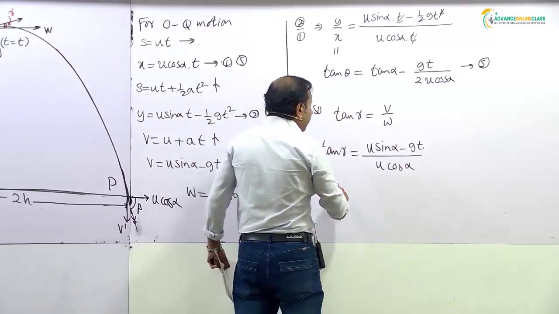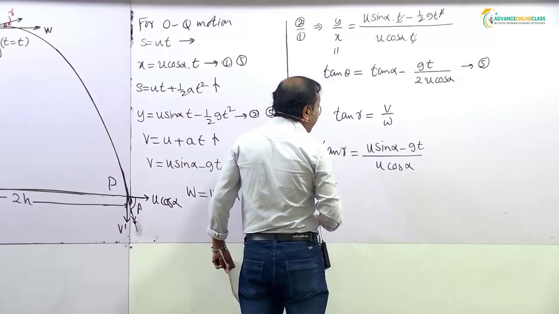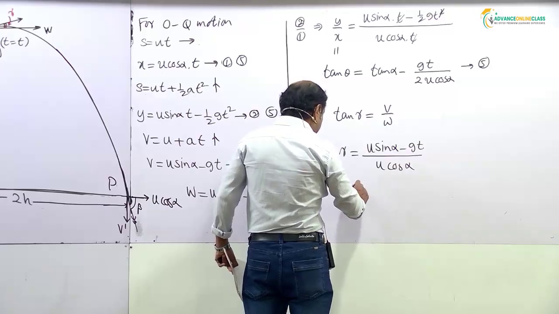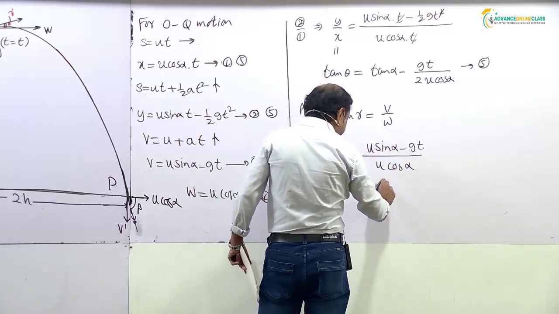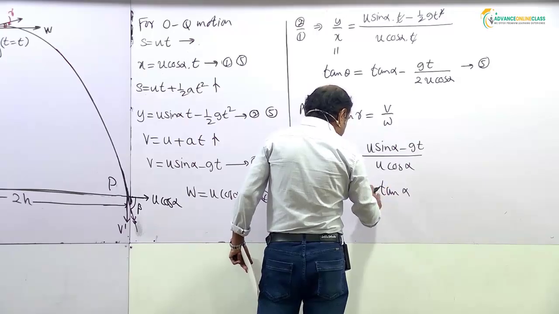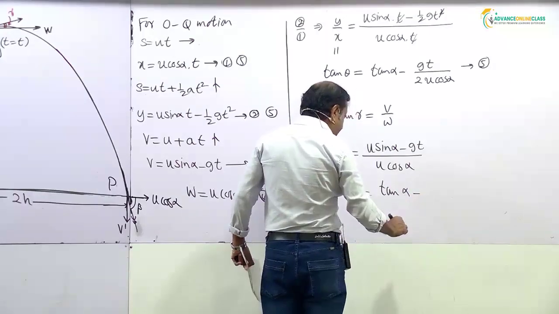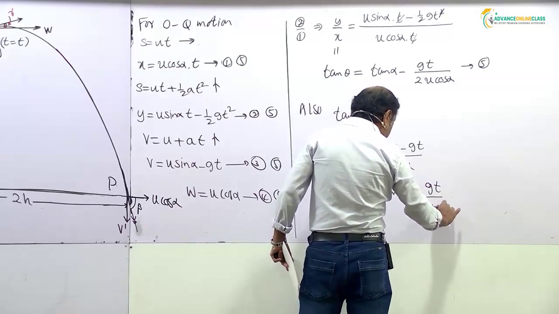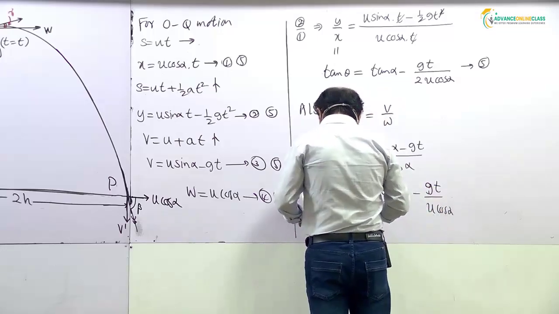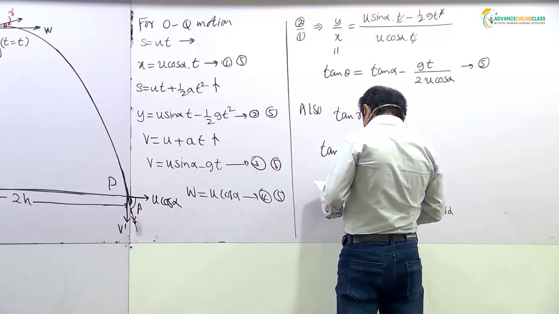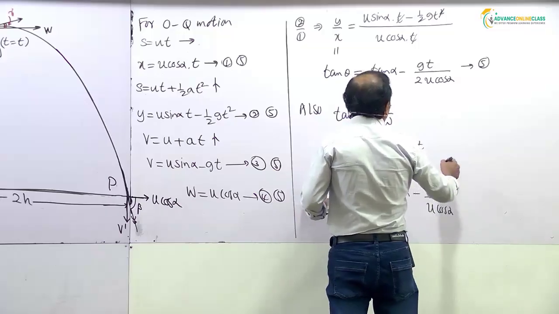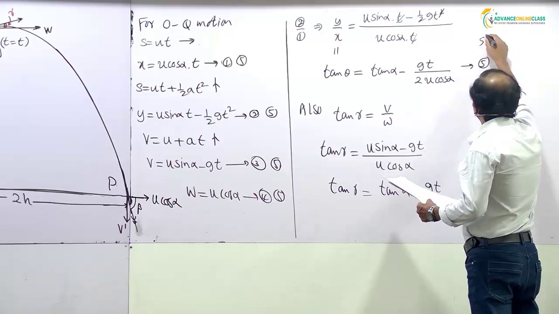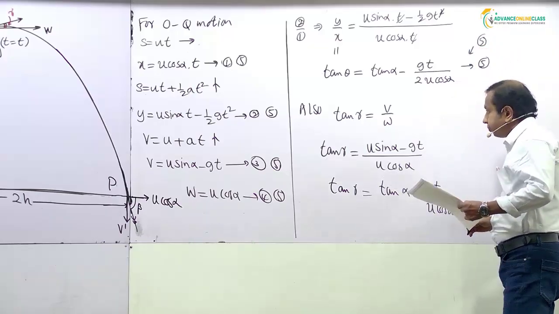Again, you can simplify here. Tan gamma, divided this and this, you get tan alpha minus gt divided by U cos alpha. For this equation, 5 marks come in. Correct, no?